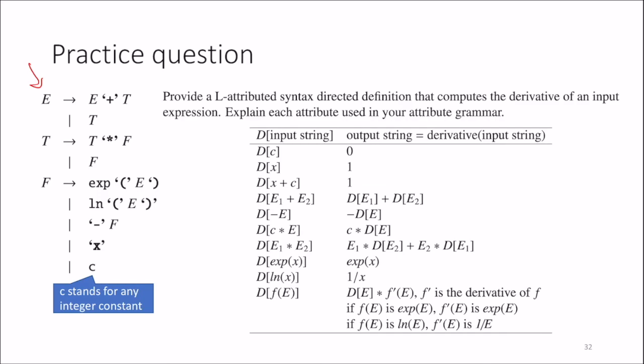So if my input was exp of x, then the output should be the string exp of x, because the derivative of e to the x is just e to the x, right? And if it's a derivative of log of x, it's 1 over x, which is this case. Those are the simplest cases.